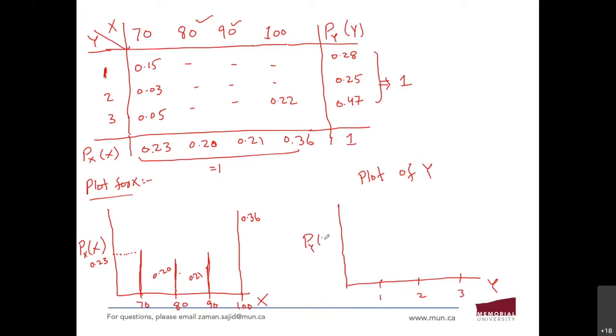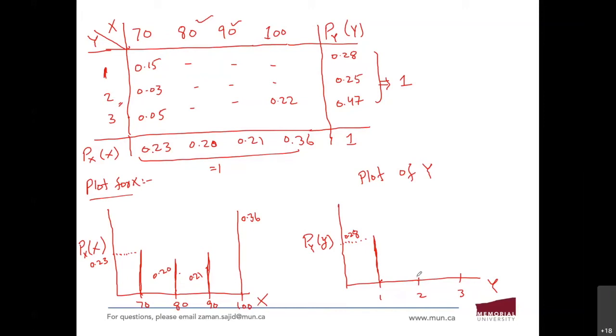Now let's look at the values. For Y equal to 1, we have 0.28. So with 1, I just went to, let's say, this is corresponding to, for example, 0.28. At y equal to 2, my value is 0.25.